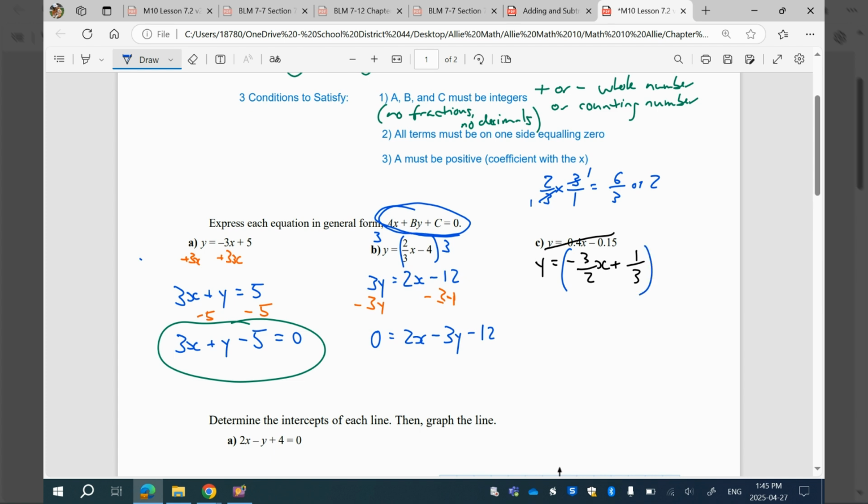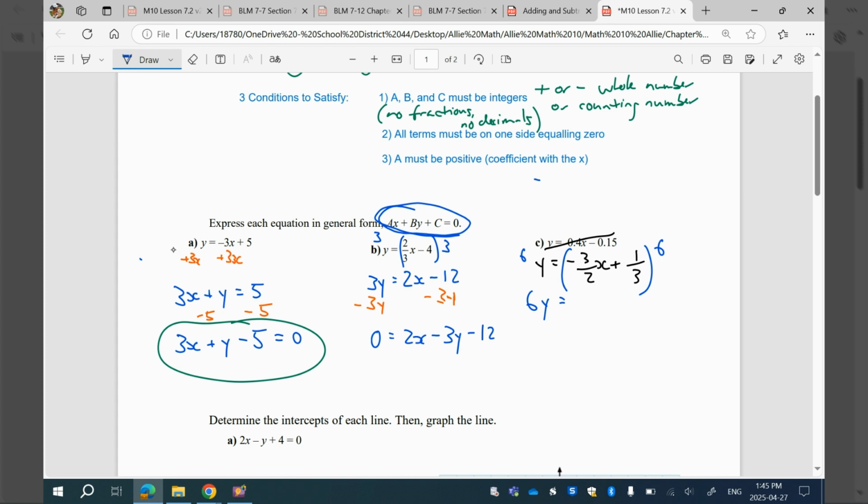So the lowest common multiple is what I'm looking for. The first number that both 2 and 3 go into is 6. So I'm going to times both sides by 6. Okay, so we're going to end up with 6y equals -3 over 2. Let me show you what that's going to look like times our 6.